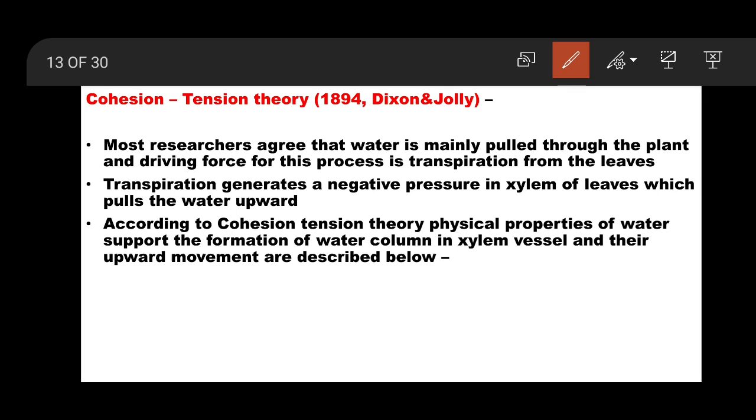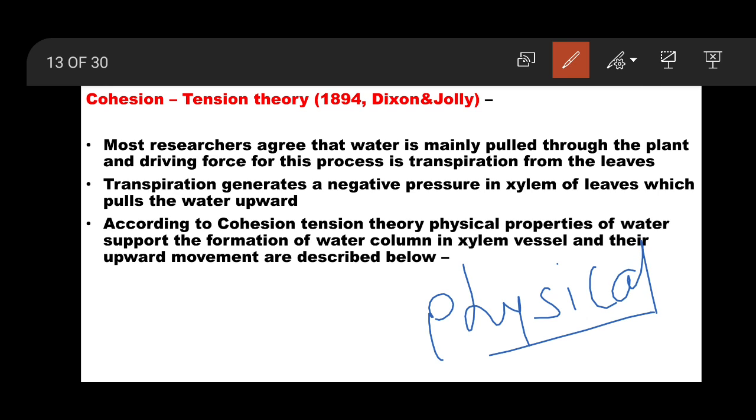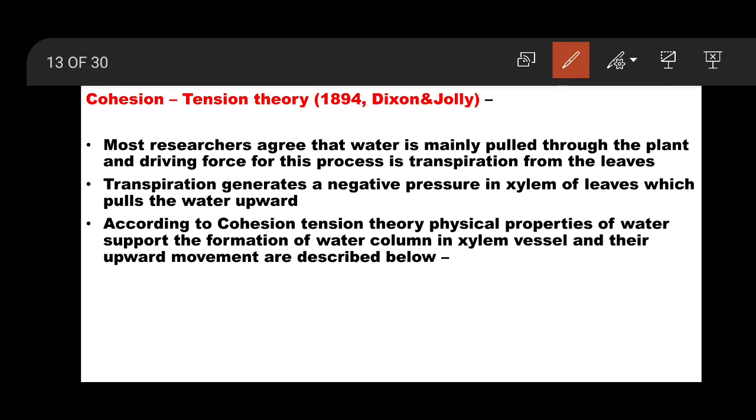According to cohesion tension theory, physical properties of water are concerned. Physical properties are important here. So these physical properties support the formation of water column in xylem vessel. So your straw, you are taking straw for sucking juice and whatever.